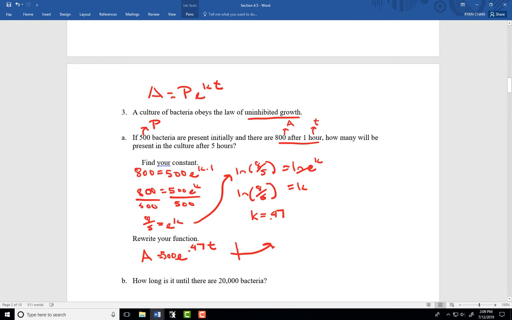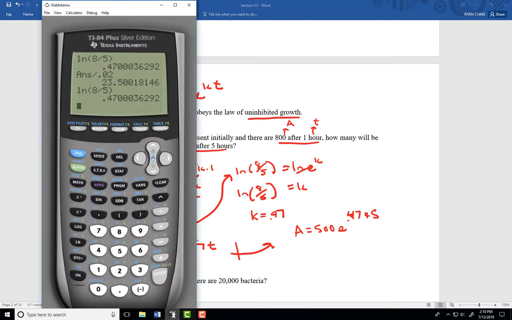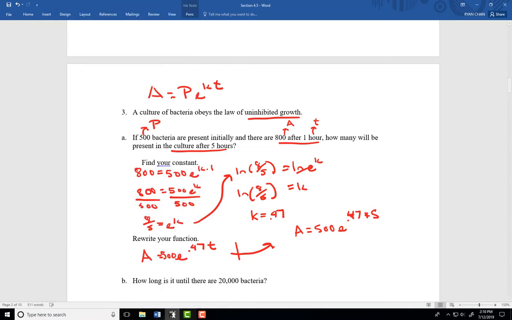So it says how much will be after 5 hours. So I plug that in for t. I have a is equal to 500 e to the 0.47 times 5. I can throw all this in. Just be really careful when you do so. So I will get 5,052.78.